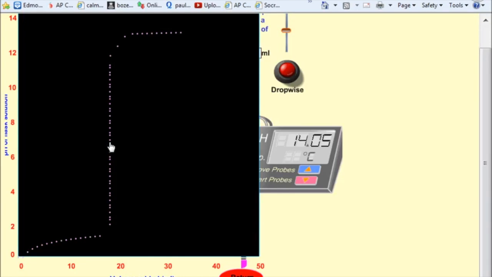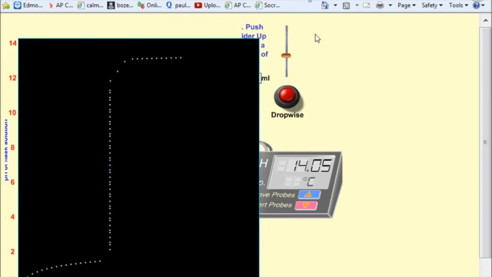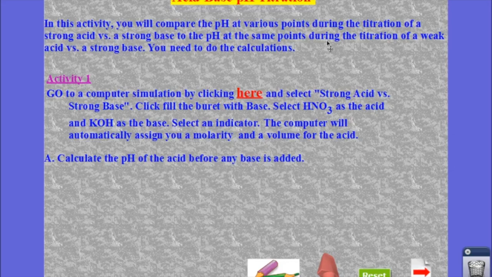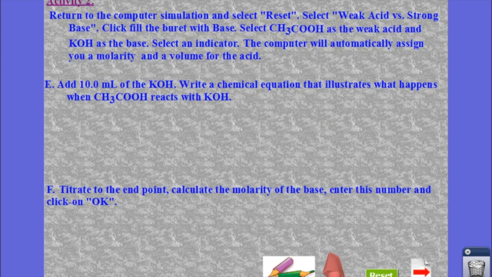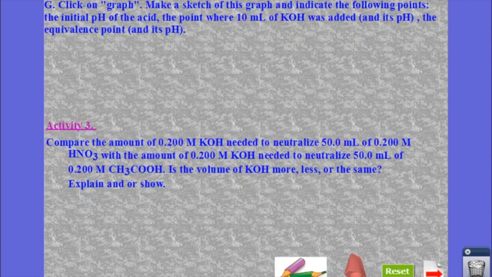So if you use the right indicator, the end point will be the same as the equivalence point, because when you have that change in color, that's where the number of moles of hydrogen ion equals the number of moles of hydroxide ion.